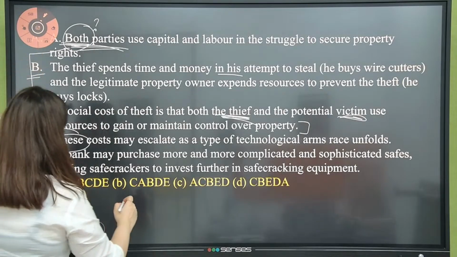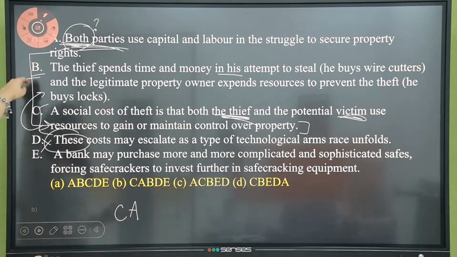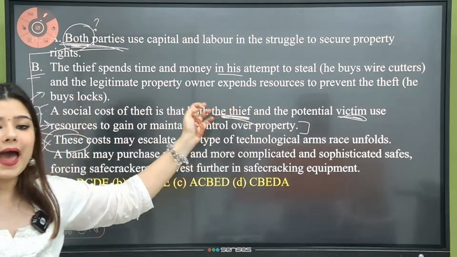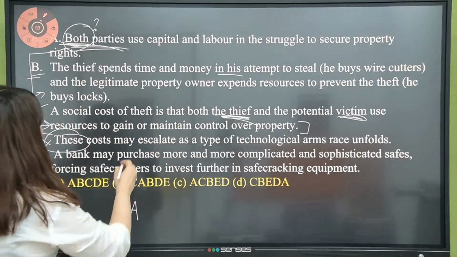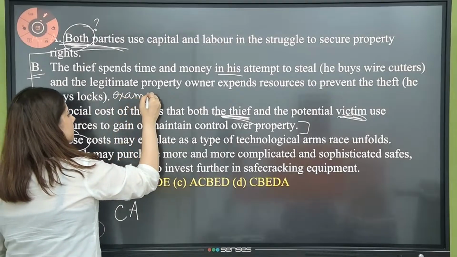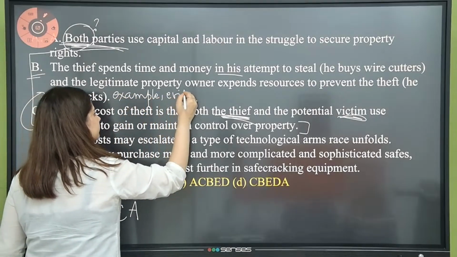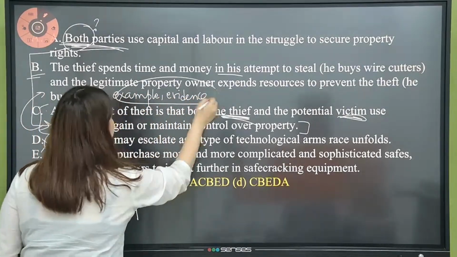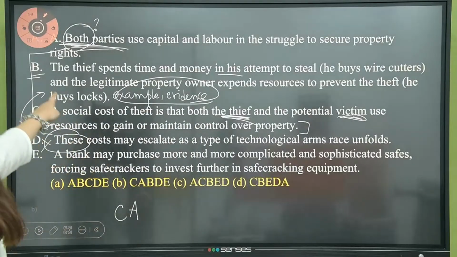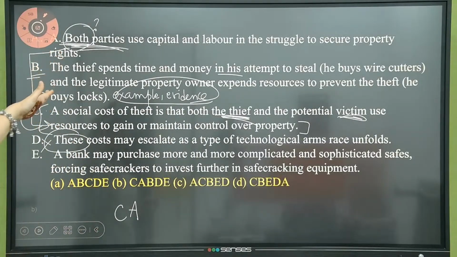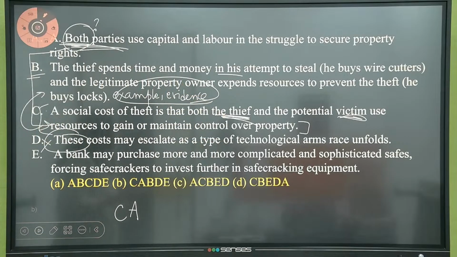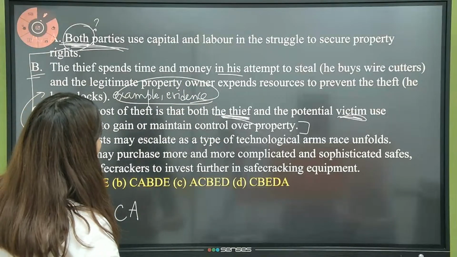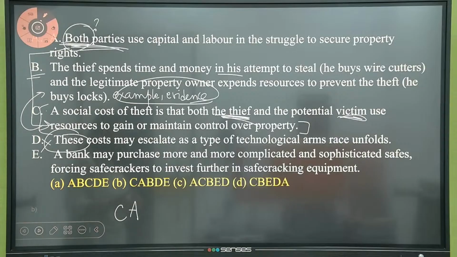So C and then A, and then B elaborates upon what has been talked about. Till now, what is being talked about, and then the example or evidence. What is the example? The thief spends time and money in his attempts to steal. He buys wire cutters, and the legitimate property owner expends resources to prevent the theft. He buys locks.